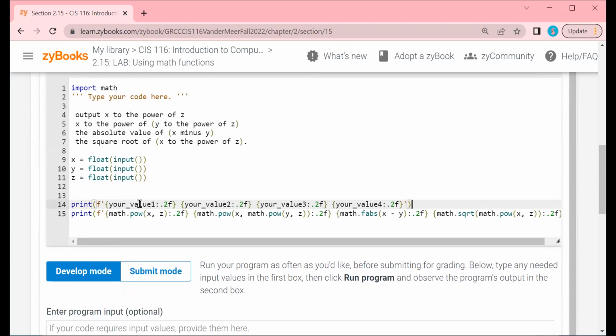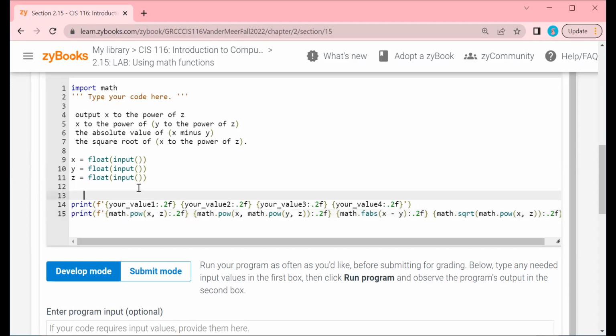Okay. So here's the formula for the first part. Here's the formula for the second one, the third one, and the 4th one. But the way that they did it in line 15 as one long output statement makes for really confusing code.